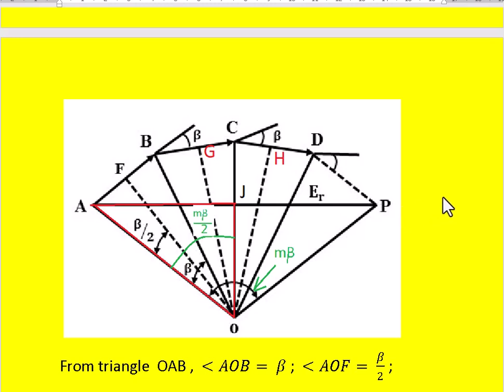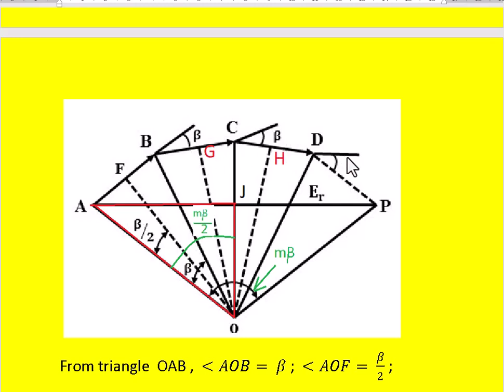And the same thing we extend for the whole coils of the alternator. If there are m number of coils in the alternator, in each slot there is an induced voltage corresponding to that coil. In the next slot also there is an induced voltage in the coil, and similarly the next, but these voltages induced in the coils with respect to the next slot have a phase difference of beta.